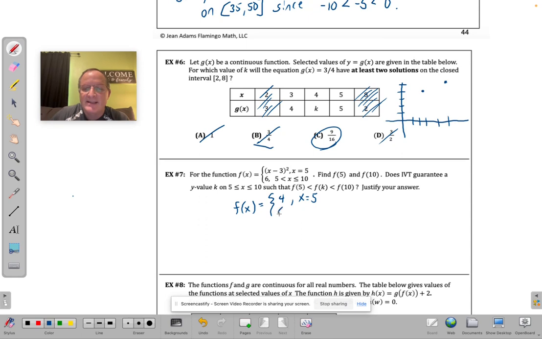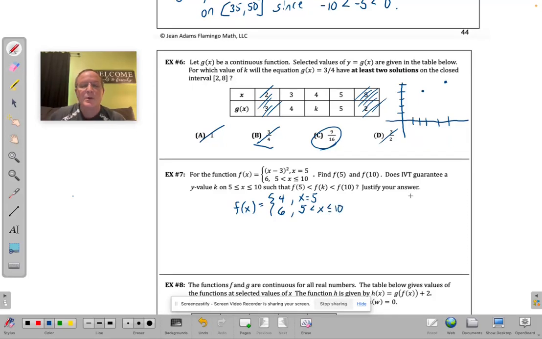And then it's 6 the rest of the time that it exists, all the way up to 10.